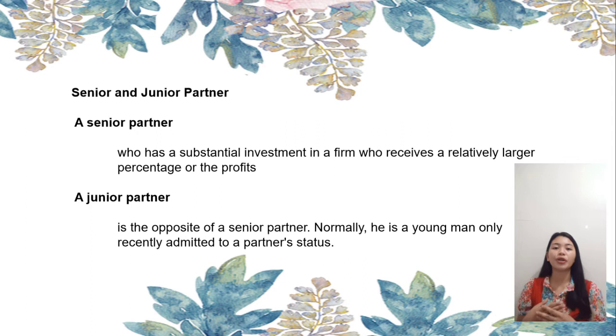A junior partner is the opposite of a senior partner. Normally, he is a young man only recently admitted to partner status. He does not have very much money invested, receives only a minor share of the profits, and is not expected to assume responsibility for major decisions.